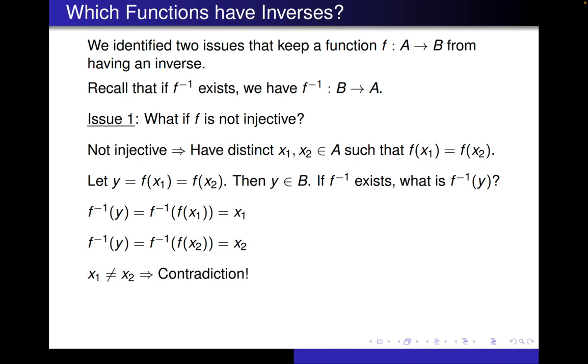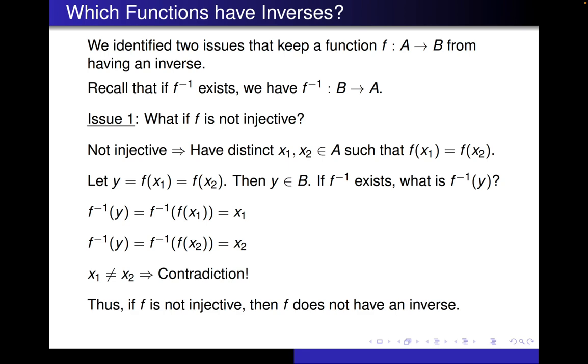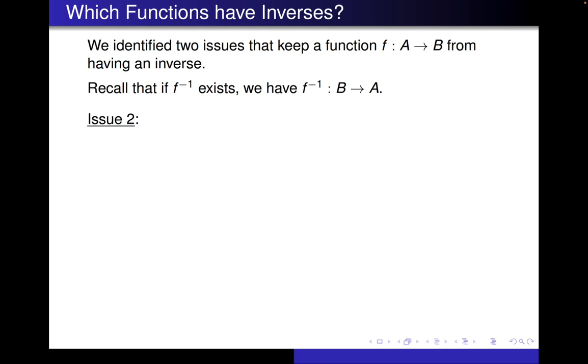Because f inverse is a function, f inverse of y can only have one output, and we just found that there were two. That means if f is not injective, which is what we were assuming, then f does not have an inverse. And if you want to take the logically equivalent contrapositive of that, if f has an inverse, then f is injective.